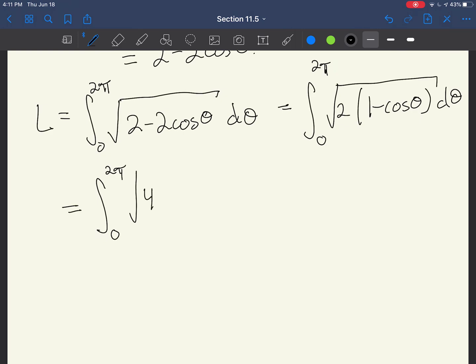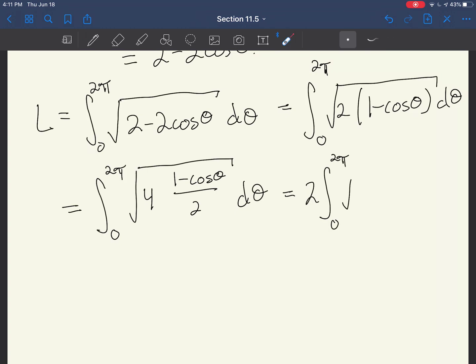Well, this is the integral from 0 to 2 pi of, if we multiply under the square root by 2 over 2, that would be 4 times 1 minus cosine theta over 2, d theta. The square root of 4 can come out as 2 times the integral from 0 to 2 pi.